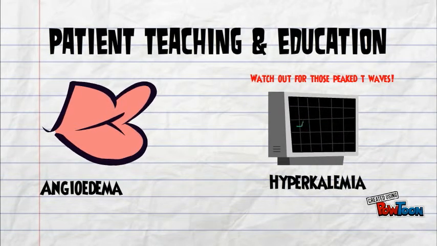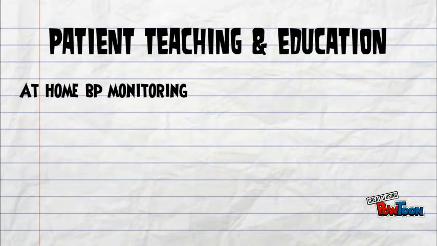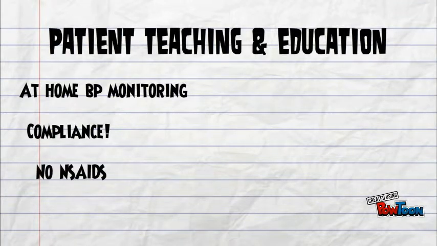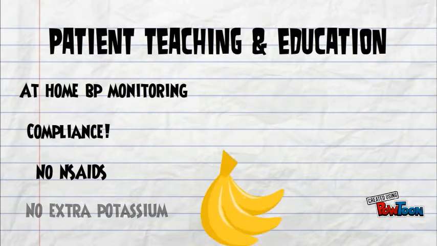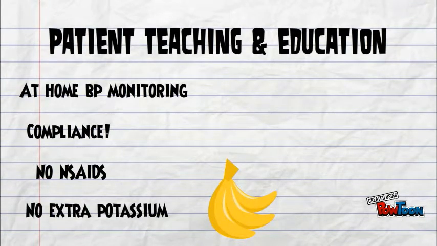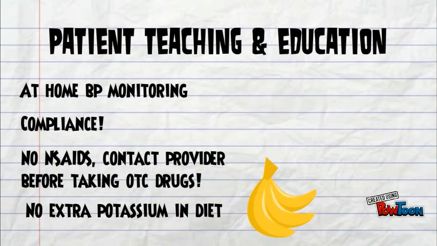We would also want to teach our patients how to monitor their blood pressure at home, the importance of compliance with their medication, no over-the-counter drugs such as ibuprofen, which can reduce the effects of an ACE inhibitor, and to avoid increasing potassium in their diet.